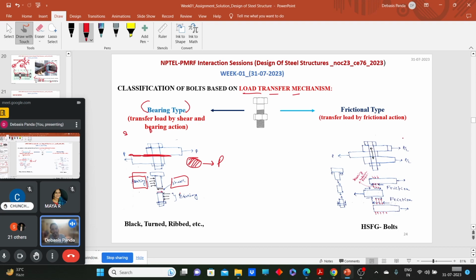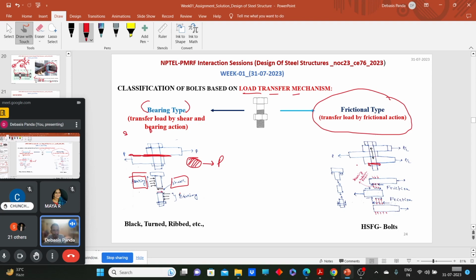Now come to the frictional type of bolt. In a frictional type of bolt, what we generally do, say for example, we have three plates. Now we put a bolt and we tighten the bolt up to a certain level of pre-tension, say 0.5% of its yield strength. We just tied them. So what we did, we put an initial tensile force by means of a mechanical device in this bolt.